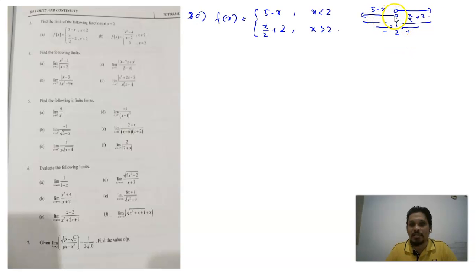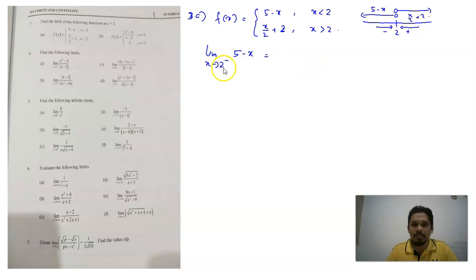So this is the direction for x less than 2 and the direction of x greater than 2. This one is x approaching 2 from the left, and this one is x approaching 2 from the right. So the limit of x approaching 2 from the left, which function is related to this one here? Yes, 5 minus x.